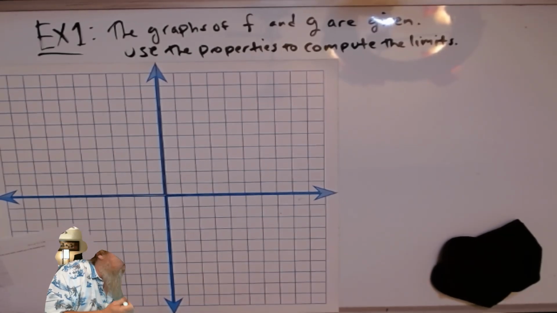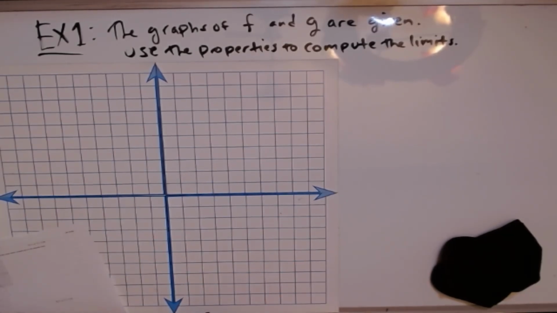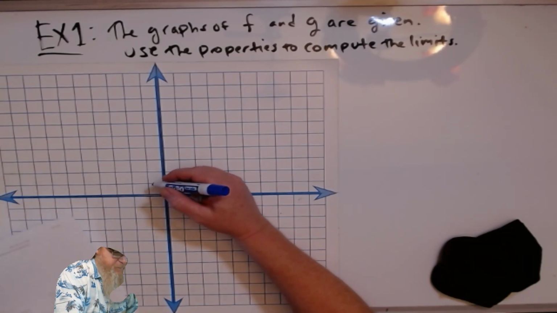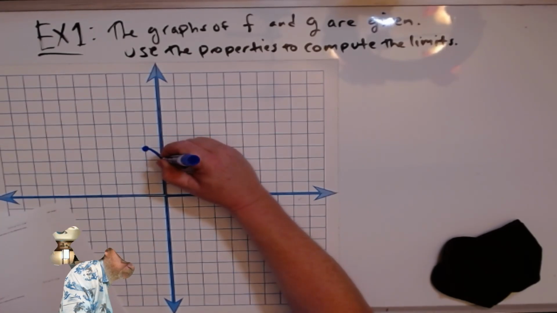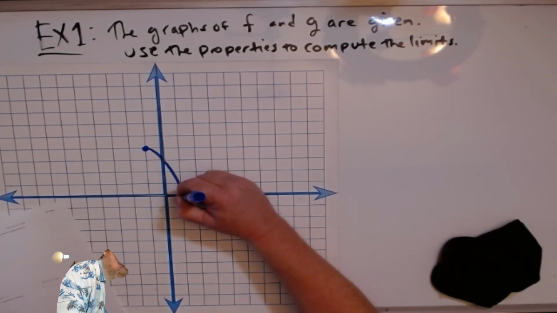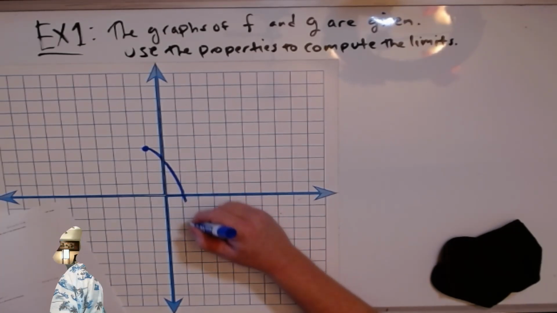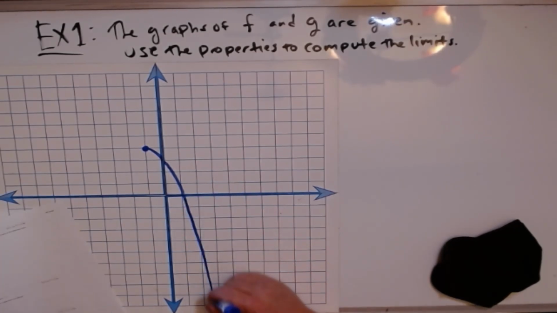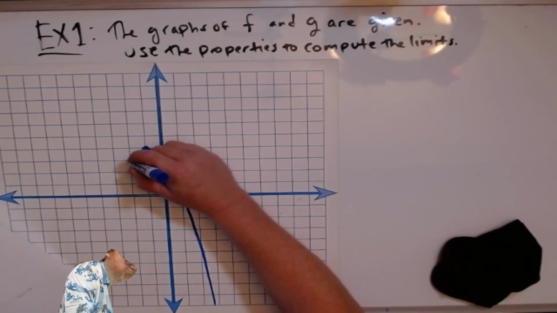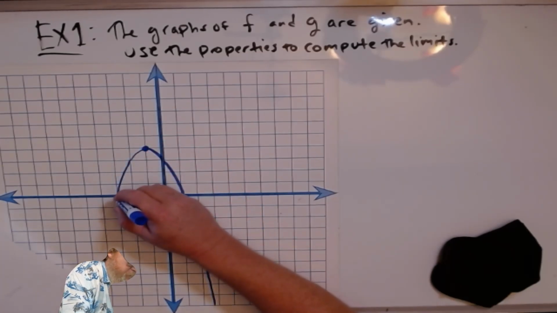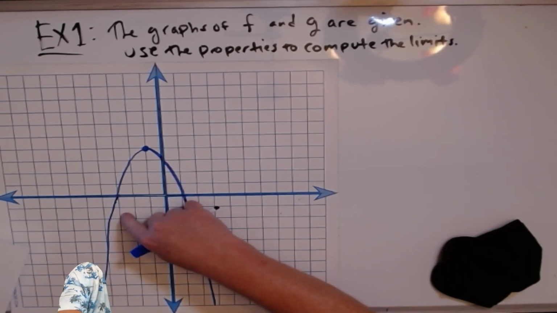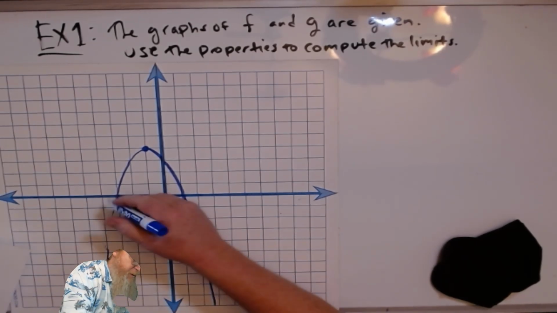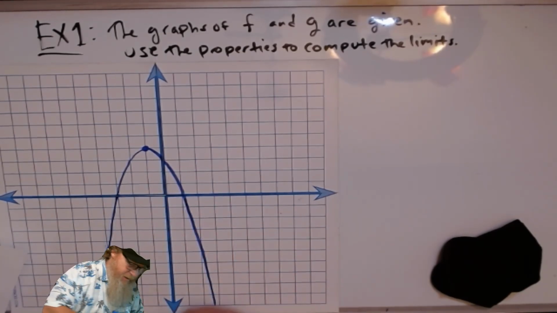This is something that probably should have been prefabricated. All right, so this is f.